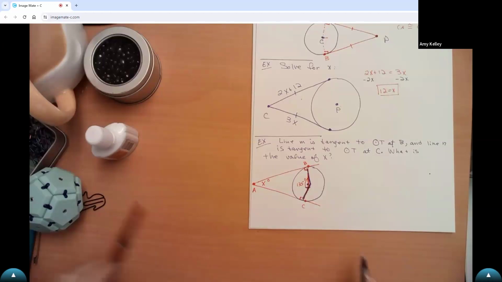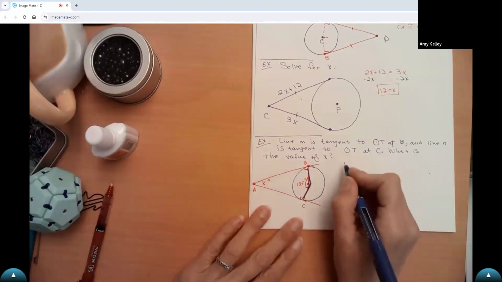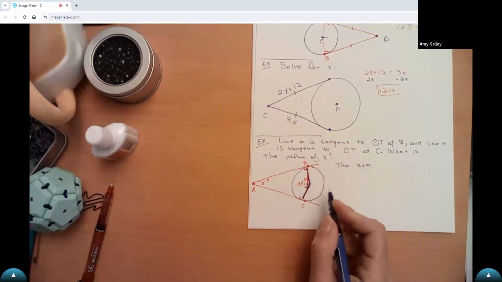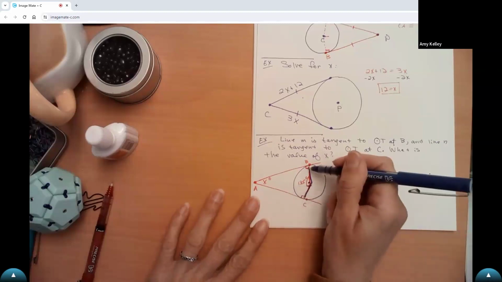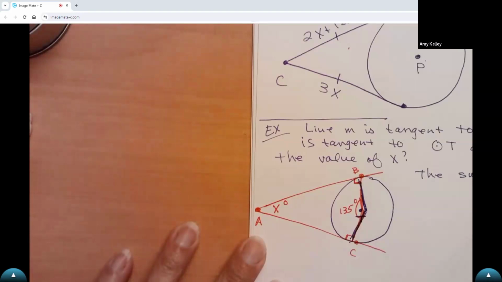360, perfect. So if we know that the sum of the four angles adds up to 360, then we're just going to take 360 and subtract out 135 and then the two 90-degree angles. All right, excellent.